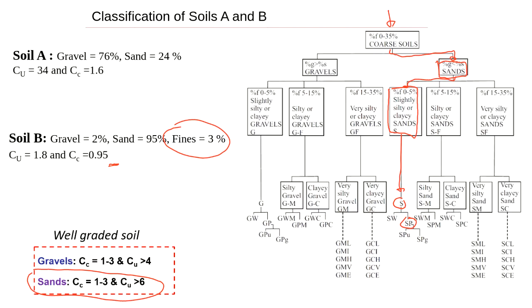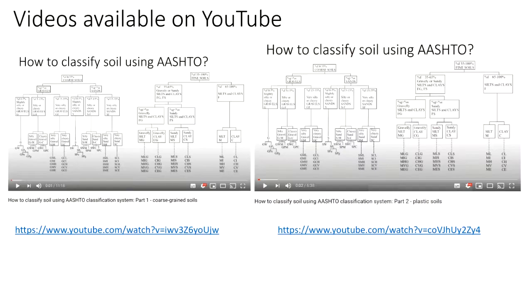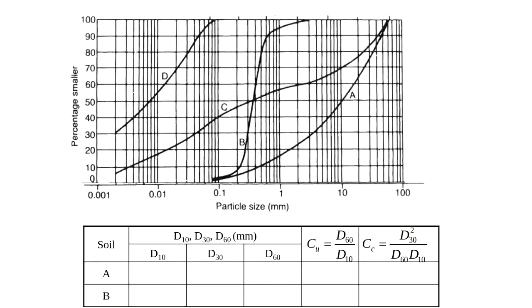But what you can do is just look at the curve, and the curve will already tell you if it's poorly graded or well graded. So we look at soil B, the one we classified. You will see how it goes all the way up here. It fits in a very narrow range.